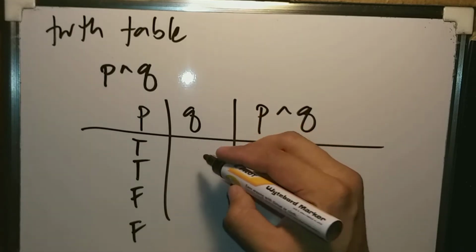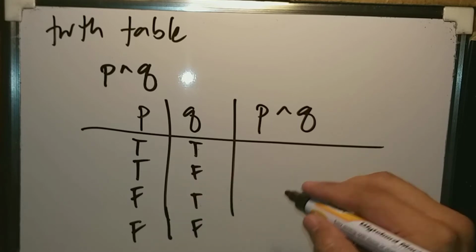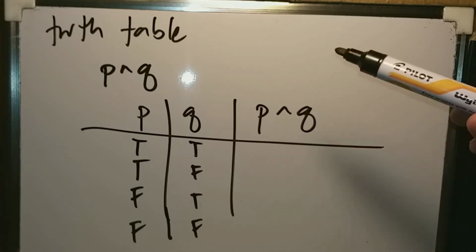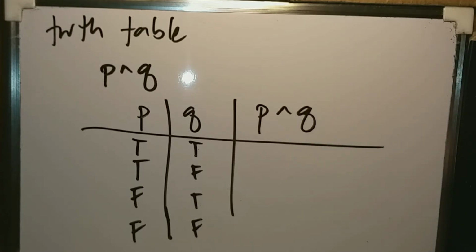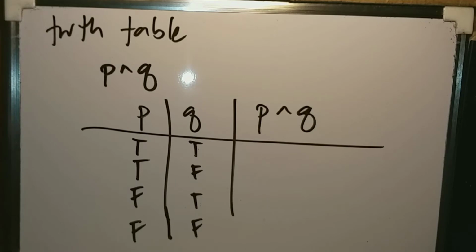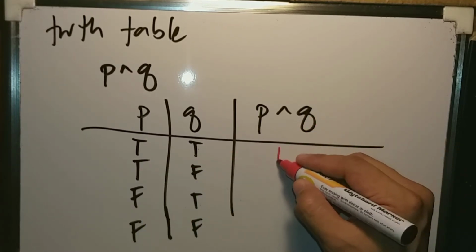And then Q, we have true, false, true, false. By the definition, the proposition P and Q is true if both P and Q are true. So the value here would be true.